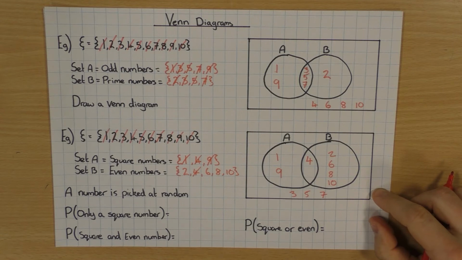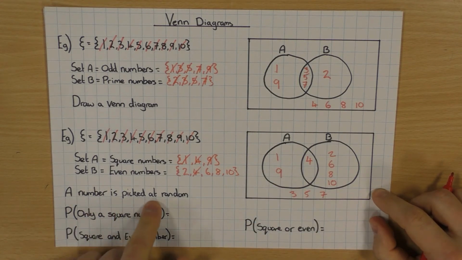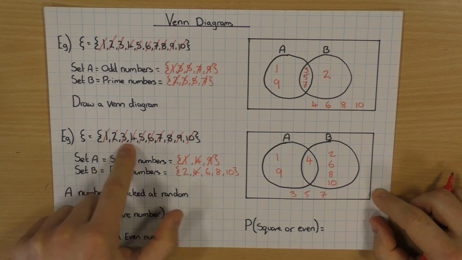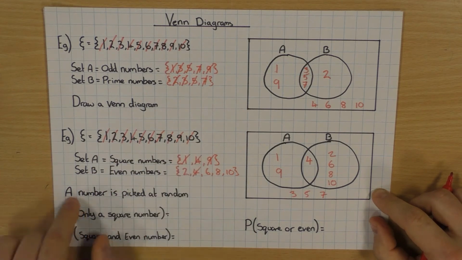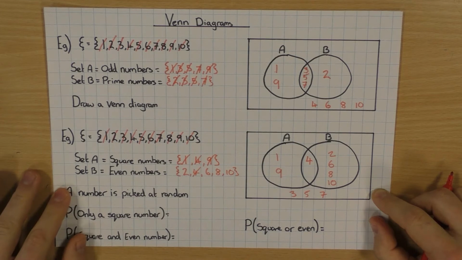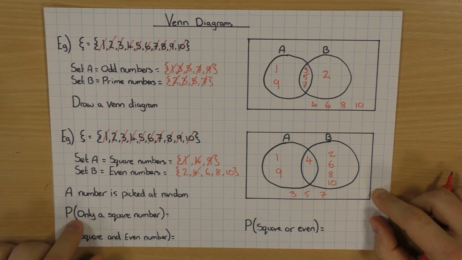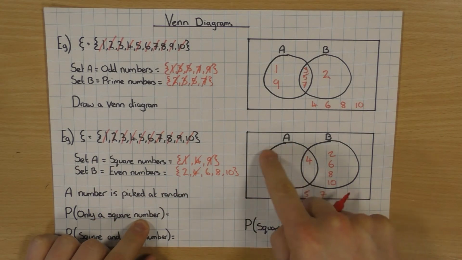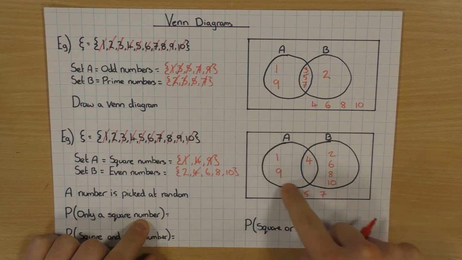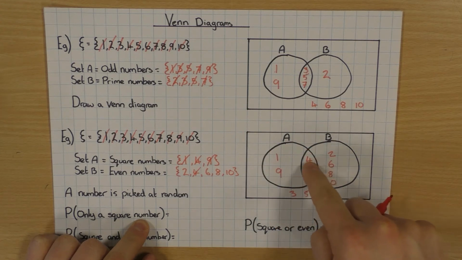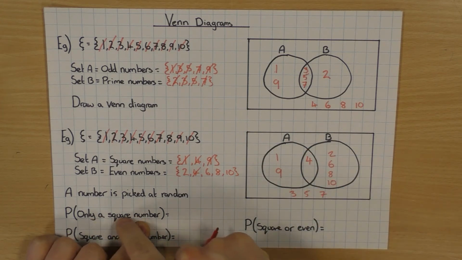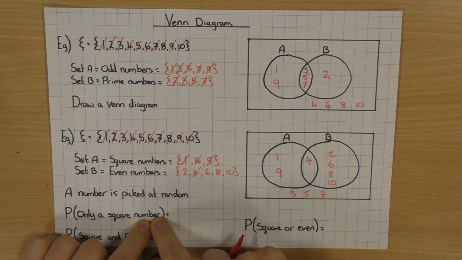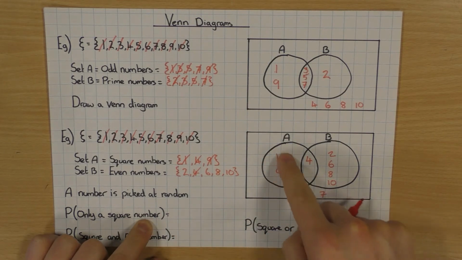Now I can answer some of these questions. We're told a number is picked at random, so any of these numbers I could have. What's the probability I only pick a square number? Only a square number is set A, so it could be this whole circle, but obviously this bit here could also be B. So only a square number must be these ones here.